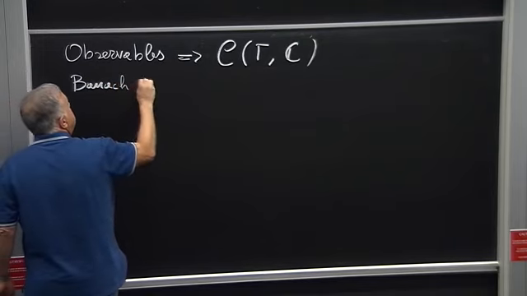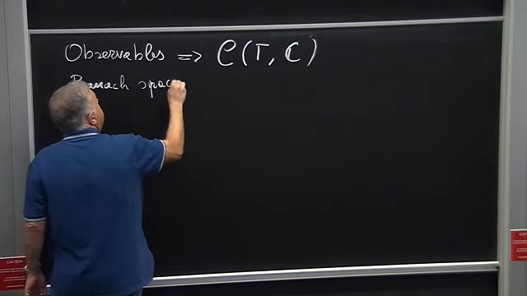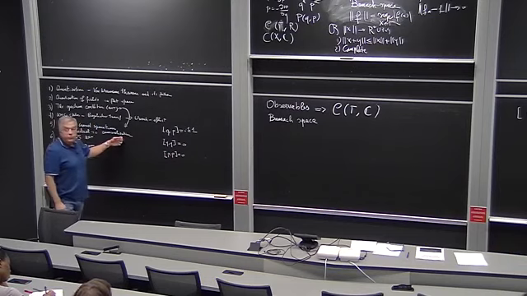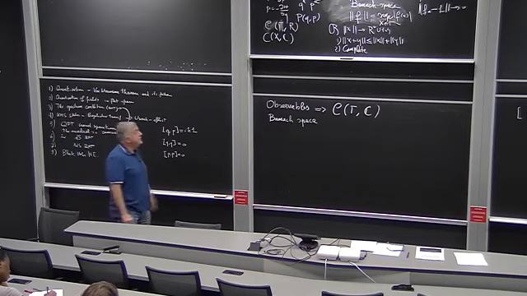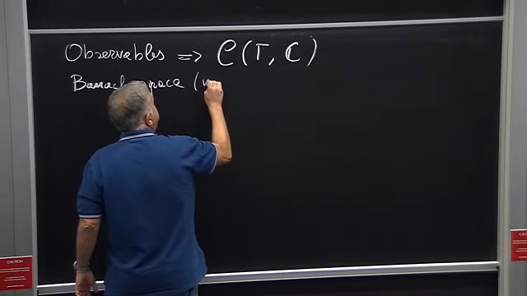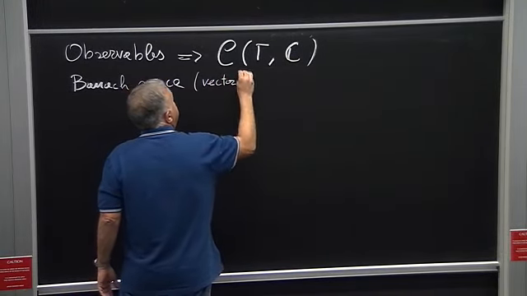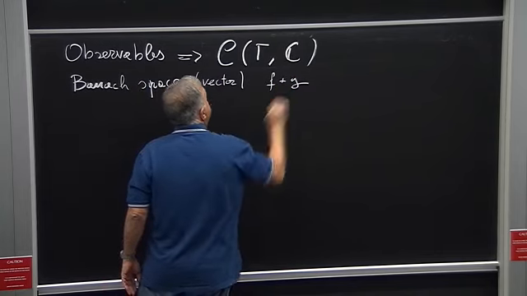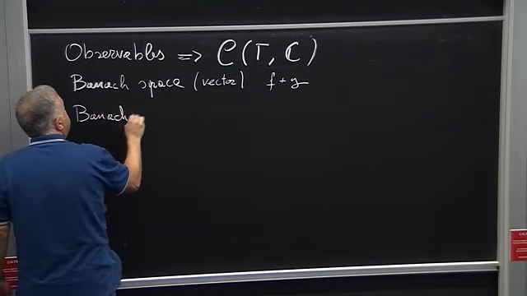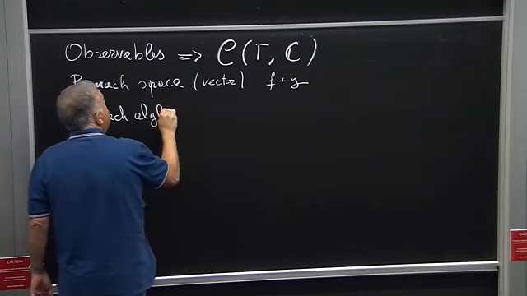Today is probably the most mathematical lecture I will do, but this is necessary to arrive at a proof of the von Neumann system. A Banach space, as such, is a vector space. You can add your observables, but it's also a Banach algebra, meaning that you can multiply your observables.